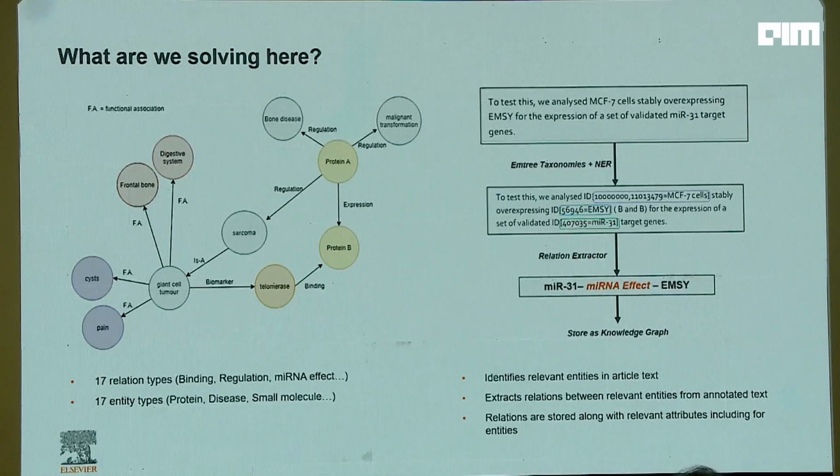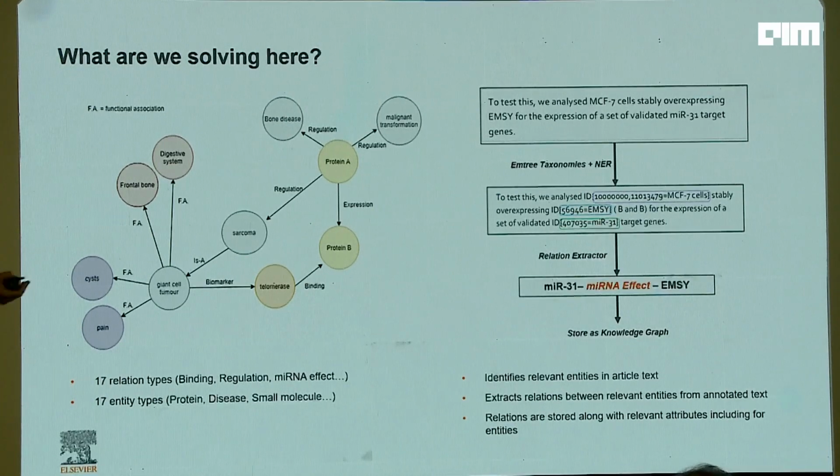In white, you see diseases. In blue, you see symptoms. And in this case, we see that protein A regulates sarcoma, which is a skin cancer cell, which is a giant tumor cell, and it is functionally associated to symptoms like cyst and pain. So we want to extract these kind of entities on a larger scale.